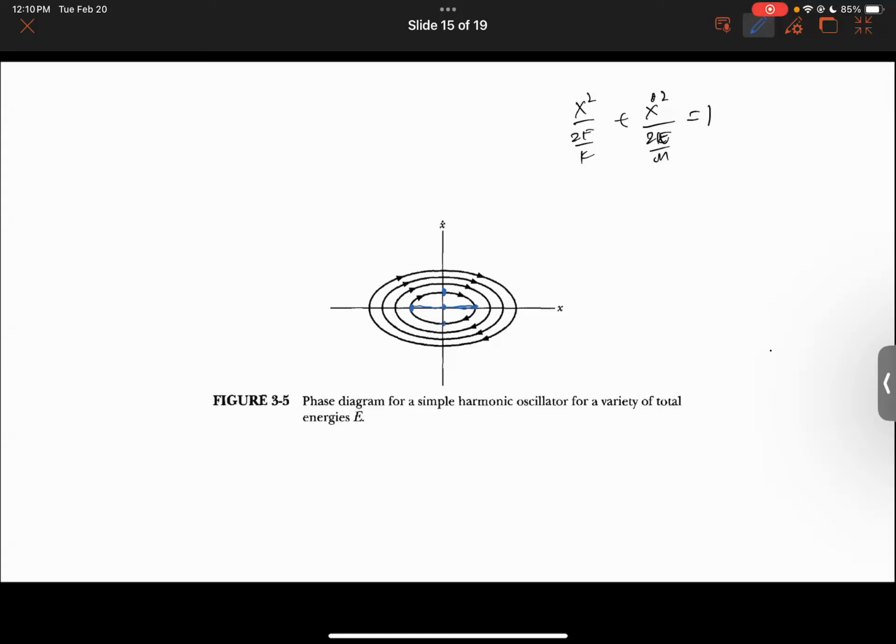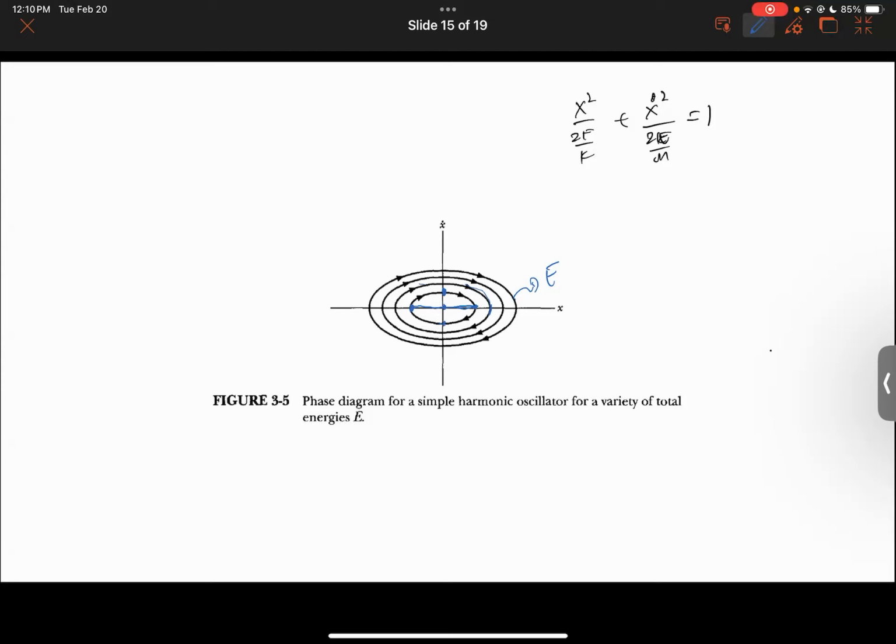Then as it goes back here, the position becomes 0 again, which is exactly how we understand simple harmonic motion. Each circle here corresponds to a different energy. So in some sense, this is how we use the phase plot, and it's actually a very powerful tool.